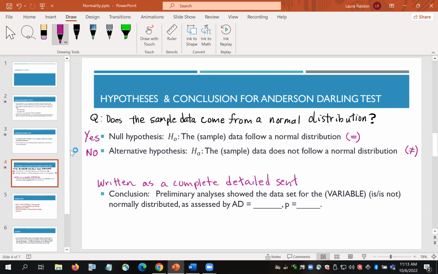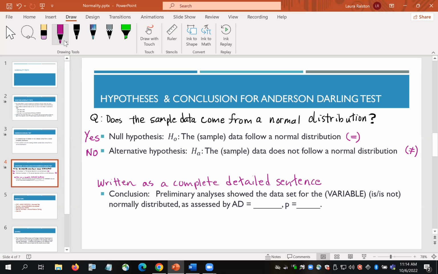And I have a template for how that sentence should read. For the Anderson-Darling test, it says preliminary analyses showed the data set for whatever the variable is, was or was not, that's the decision you have to make, normally distributed as assessed by AD.